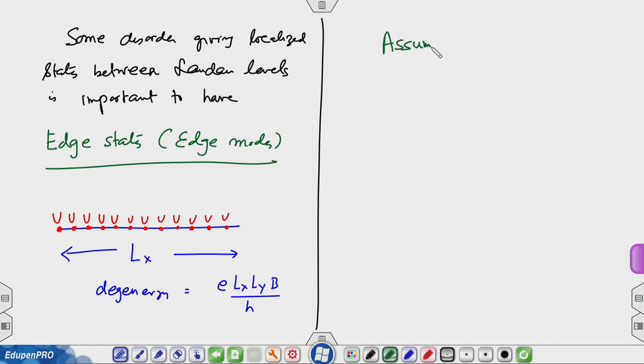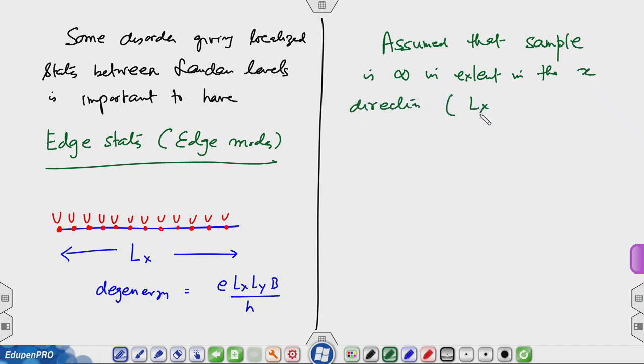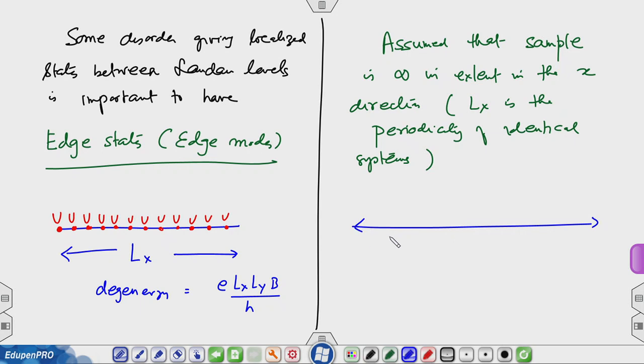Inherently, this was assumed, that the sample is infinite in extent in the x direction, and you can say Lx is the periodicity of identical systems. So, that there is some sort of continuity, and therefore, all these electrons in the x direction move in a constant potential.